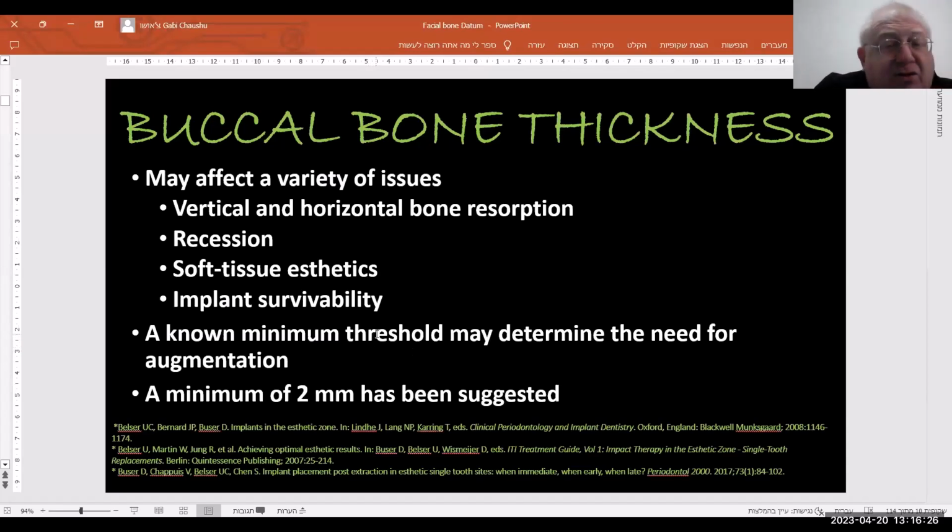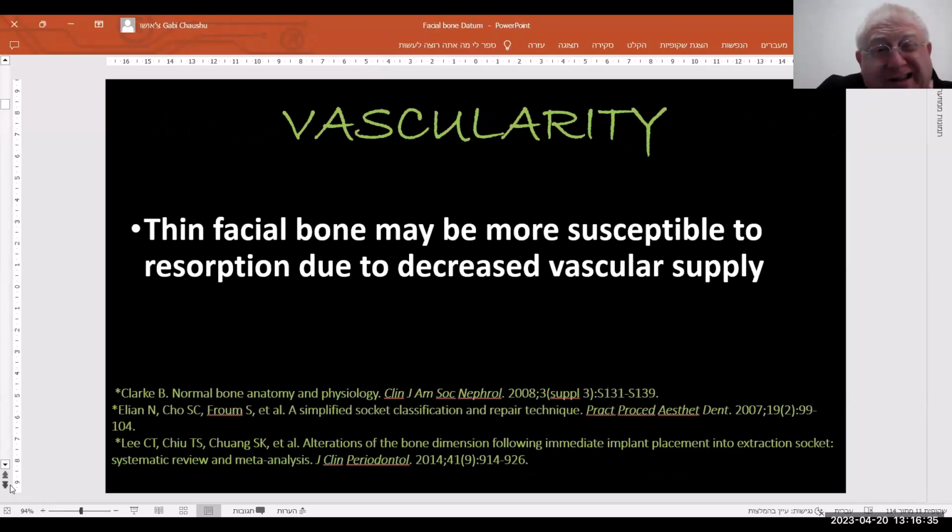KOLs in the literature try to define 2 millimeters as this threshold, but the question is whether this threshold is actually evidence-based. And the reason that we need this thickness is vascularity. The hypothesis is that thin facial bone is more susceptible to resorption due to decreased vascular supply.